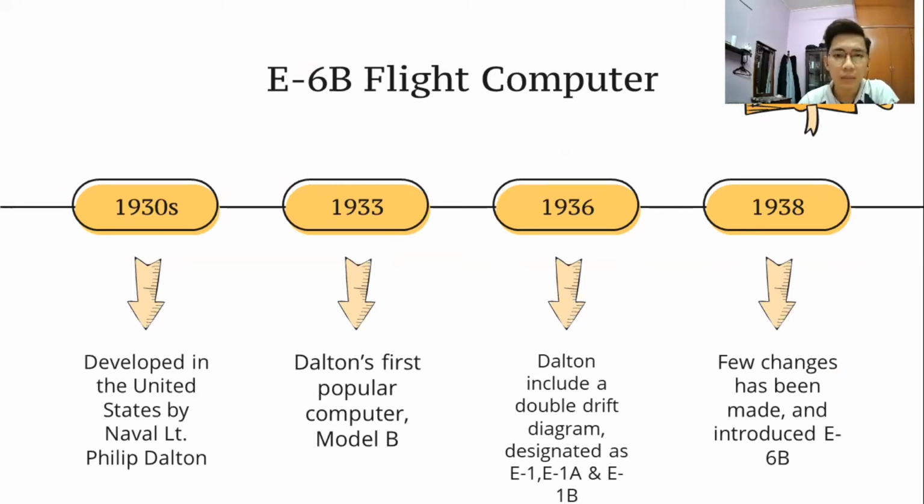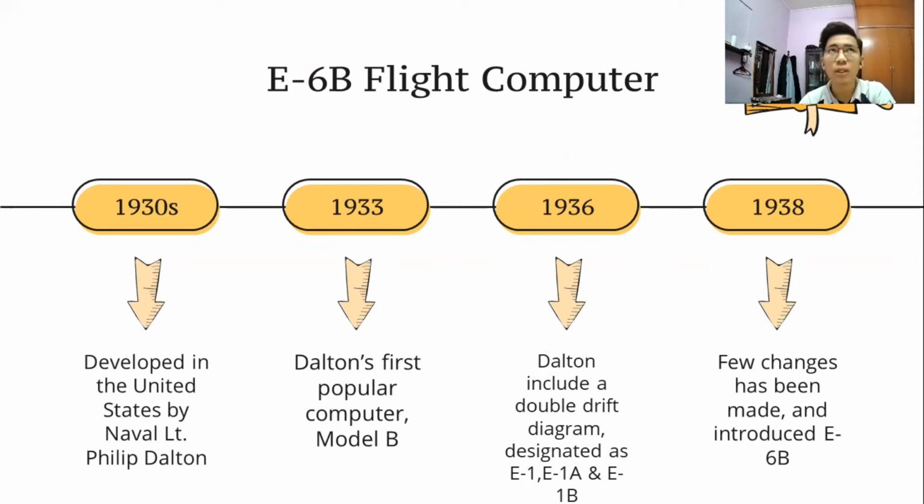Philip Dalton and P.V.H. Weems worked together and started to invent, patent, and market a series of flight computers. However, he died in a tragic plane crash with his students. Dalton's first popular computer was his 1933 Model B, the circular slide rule with true airspeed and altitude correction.